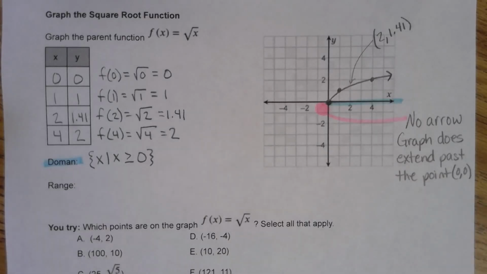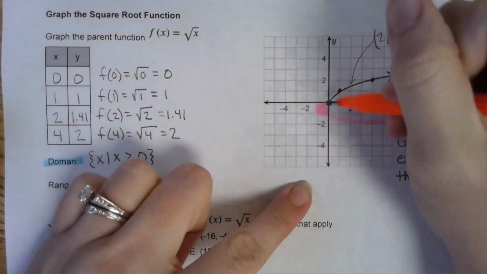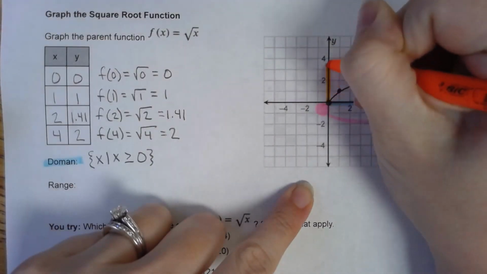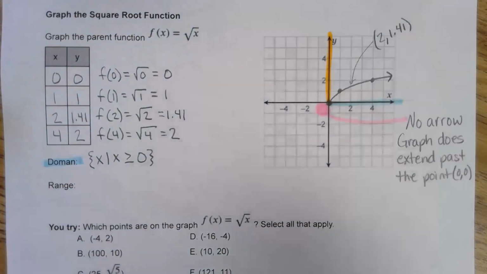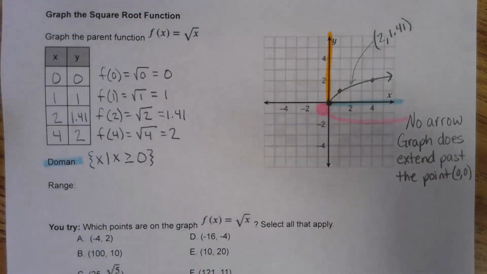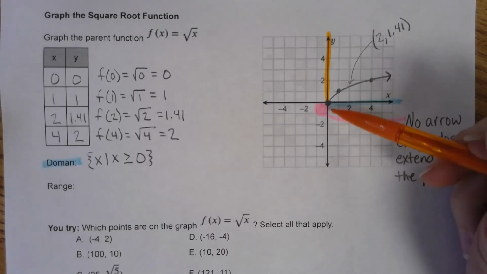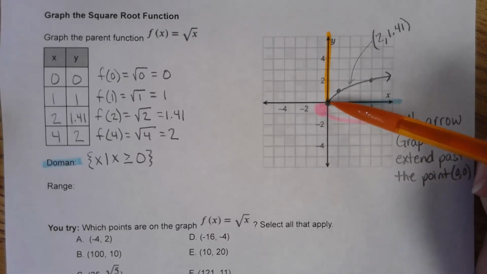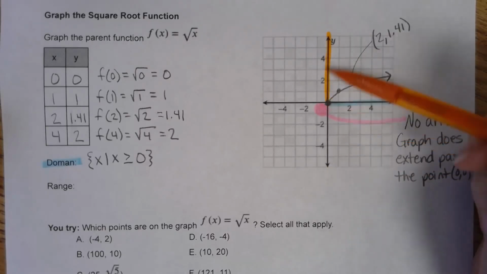Let's look now at our range. So again, I'm going to use a different highlighter. Here for our range, we're talking about our y-axis. So imagine which y values your graph is going to reach. Okay. We never drop below down here in the negatives. We stay here at 0 and always go greater than that.